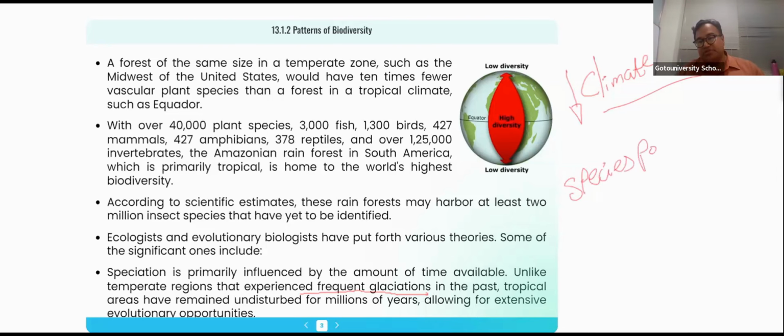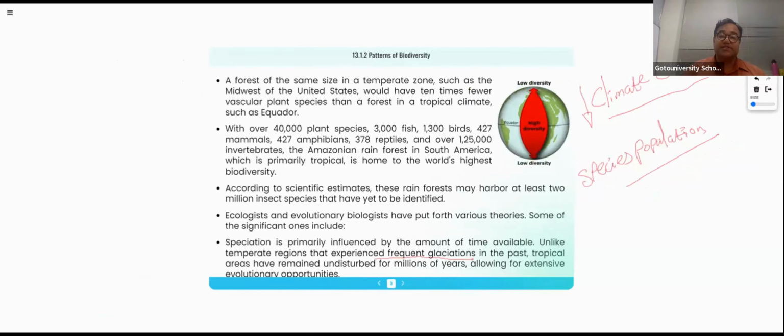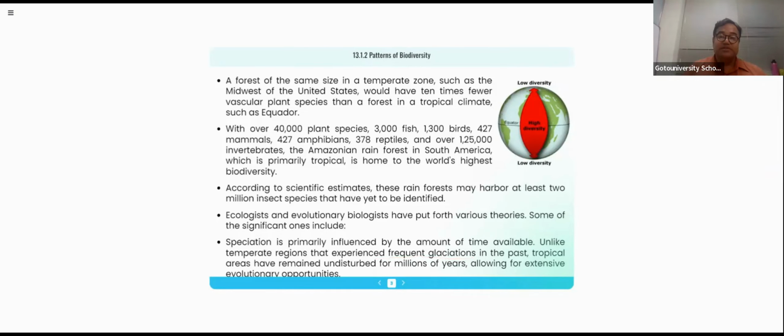The species population is coming down in its level. That is the reason we say that a particular species can't sustain. The species is glaciated. What do you mean by that? It vanished. Why? Because it can't sustain.